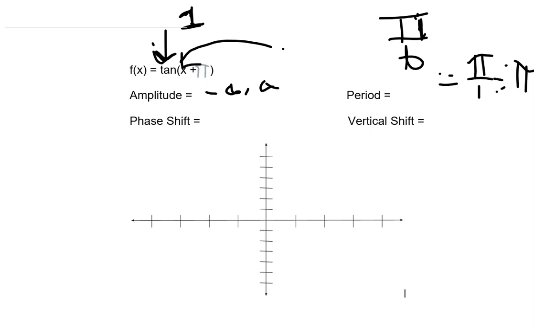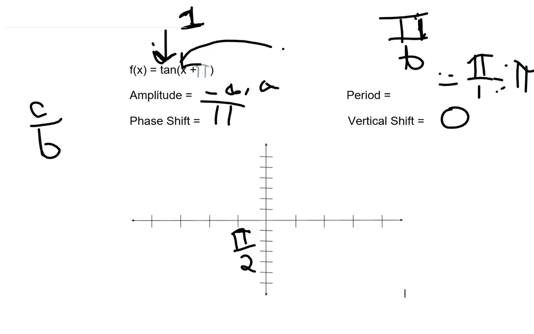My phase shift then, we said our phase shift is c over b. My c value is pi. My b value is 1, so my phase shift is going to be pi over 1, or just pi. And I do not have a vertical shift here. Next thing I've got to do is label my axis. My axes should be pretty consistent.